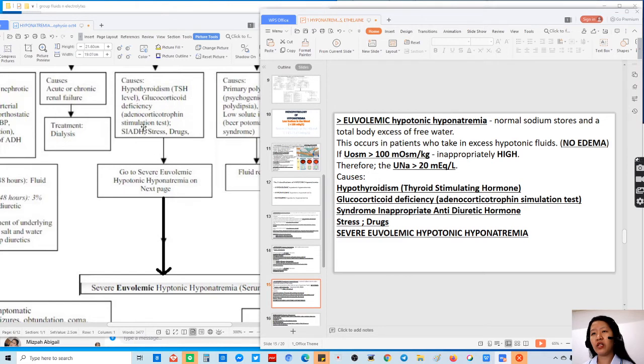And then it can also be due to severe euvolemic hypotonic hyponatremia.